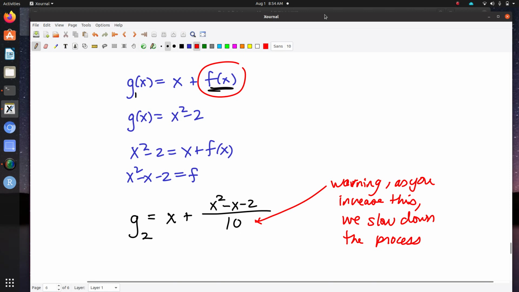We are close to 1, but what are we actually? The derivative of g2, unfortunately, is 1 plus 1/10 of 2x minus 1. So we're still over 1. We haven't actually fixed the problem. We are still going to zoom off to infinity.